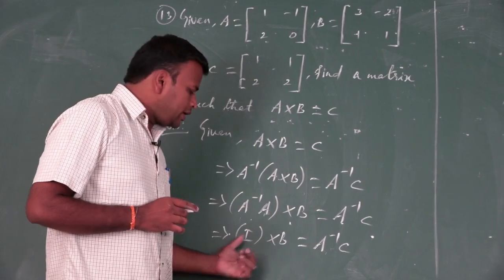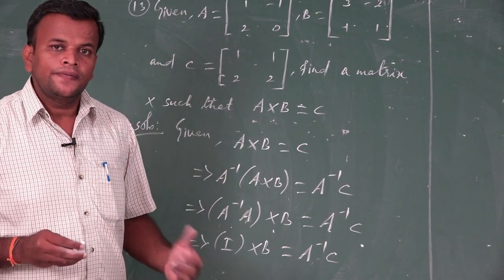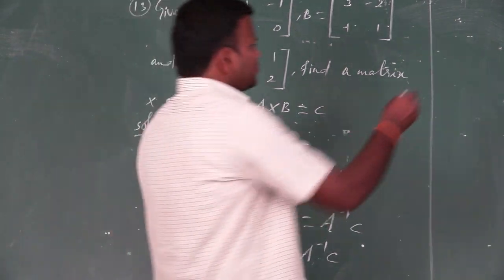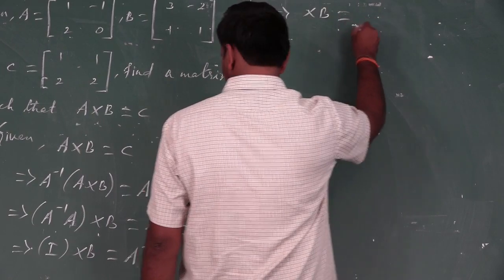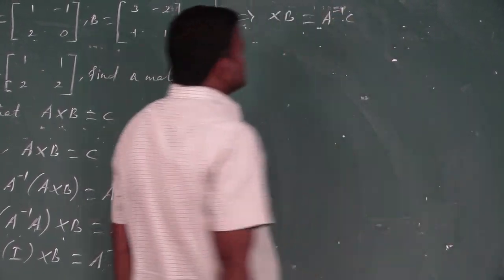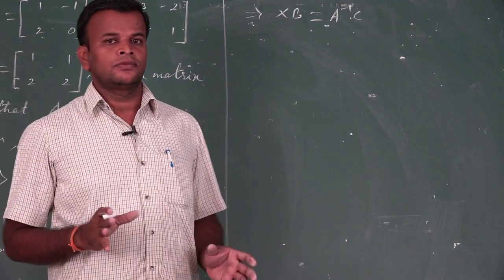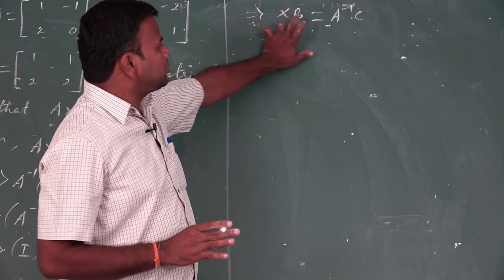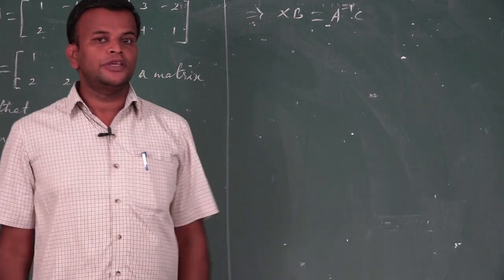So what is the value of I into XB? The value of I into XB is again XB is equal to A inverse into C. But we want to find only the matrix X, and this X is multiplied with one more matrix, the matrix B. How to eliminate B?